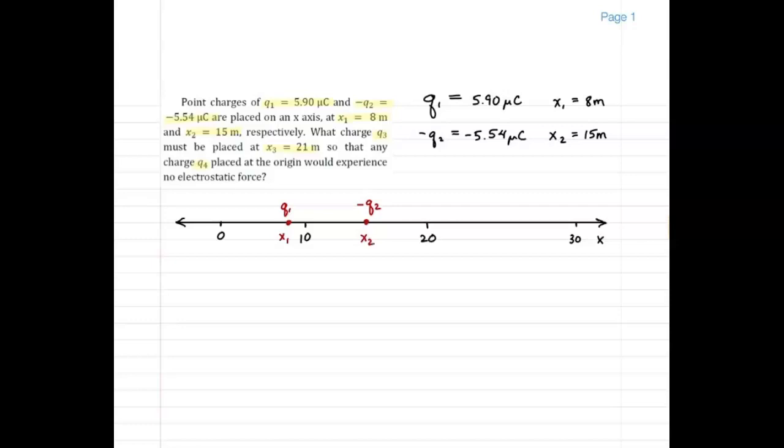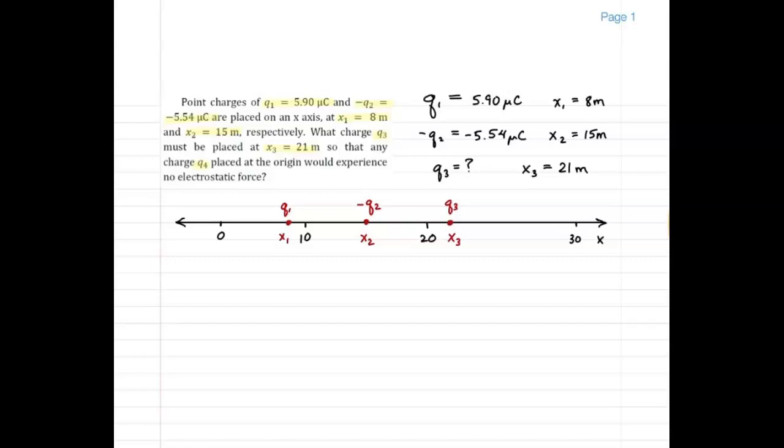And then last is Q3. We want to put it at 21 meters, somewhere around here. Q3 at x3 equals 21 meters. Actually, this is also a given, so Q3 is the unknown we want to know, and x3 is known, it's at 21 meters. So those are all of our givens and unknowns and what we're trying to find.